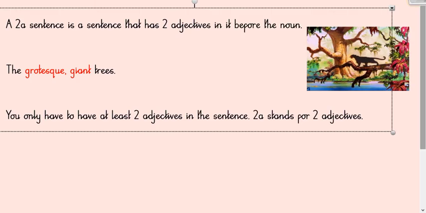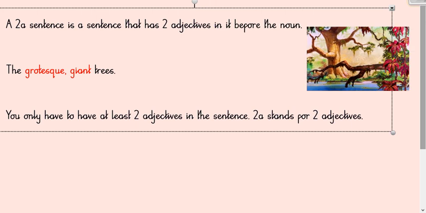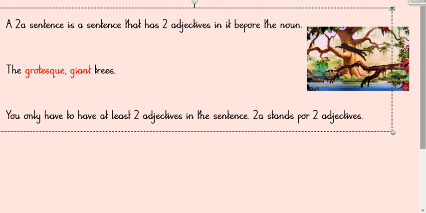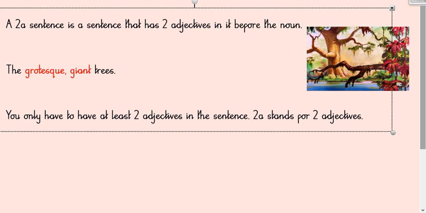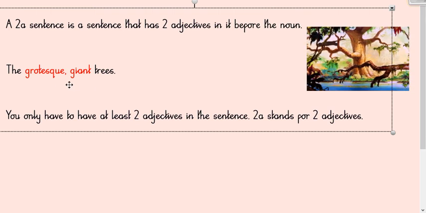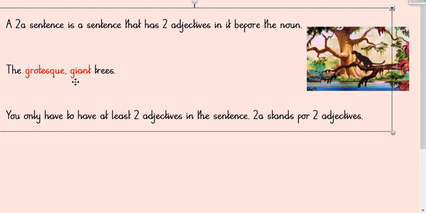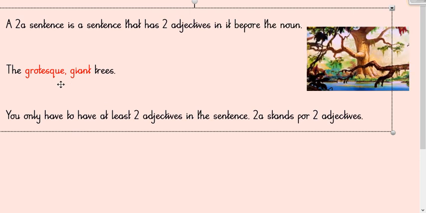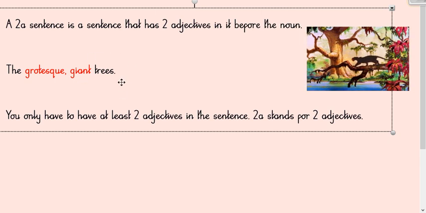You could use adjectives in a sentence called a 2A sentence. A 2A sentence is a sentence that has two adjectives in it before the noun. Here's my example. The grotesque, giant trees. Grotesque and giant are our adjectives because they are adding more detail about our subject, the noun, which is the trees.